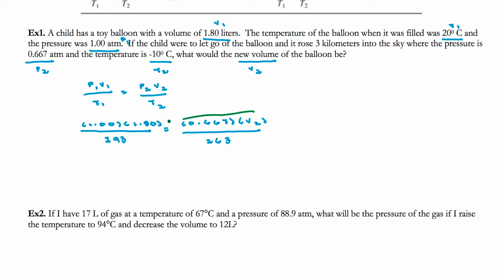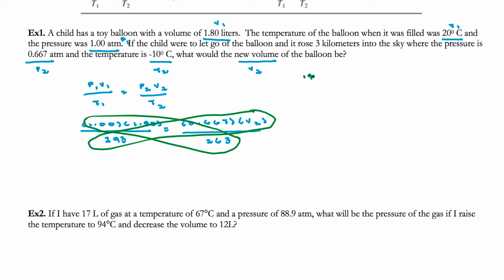I'm going to cross multiply now. So I'm going to take 293 and multiply that by 0.667 times V2, so I get 195.431 times V2, and that equals 1 times 1.8 times 263, which is 473.4.